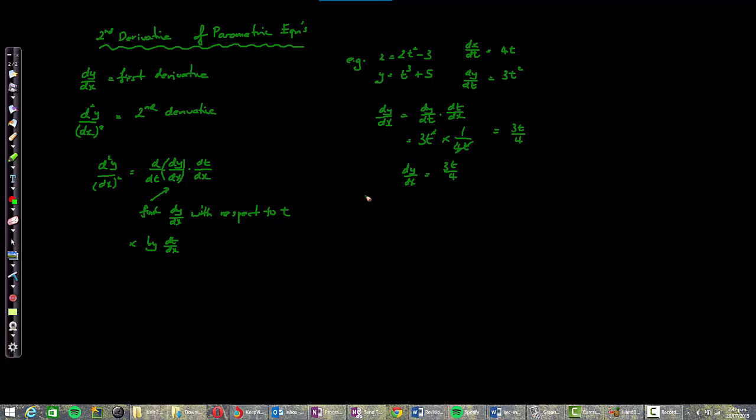Okay, second derivative. So d squared y over dx squared. Okay, according to this here, and I'm not going to rewrite this, there it is already, we're going to take our first derivative and derive that with respect to t. Well, that's just 3/4 t.